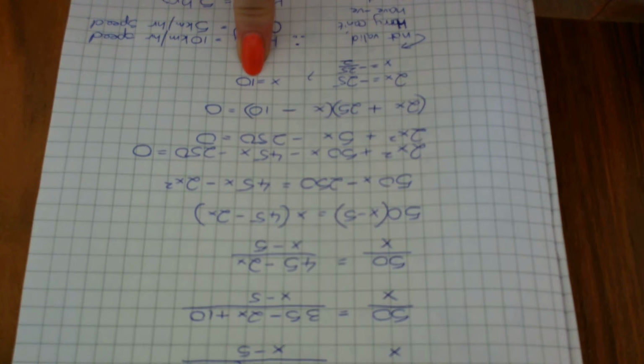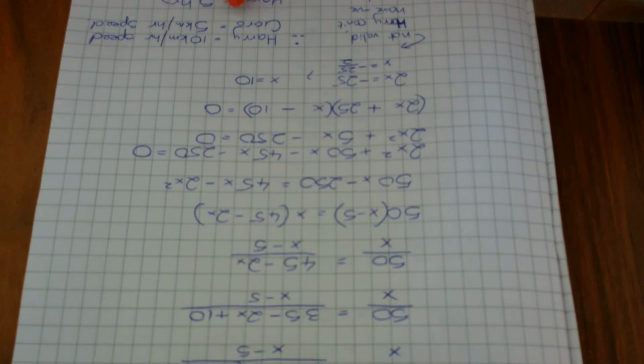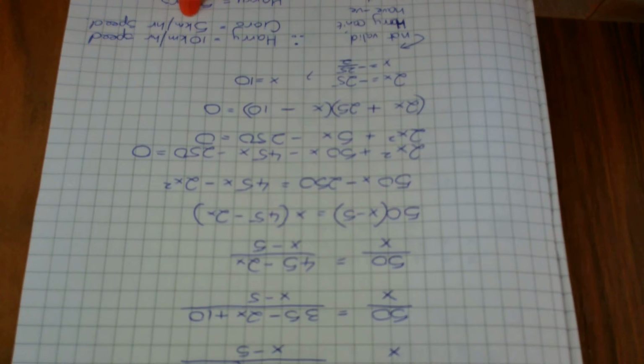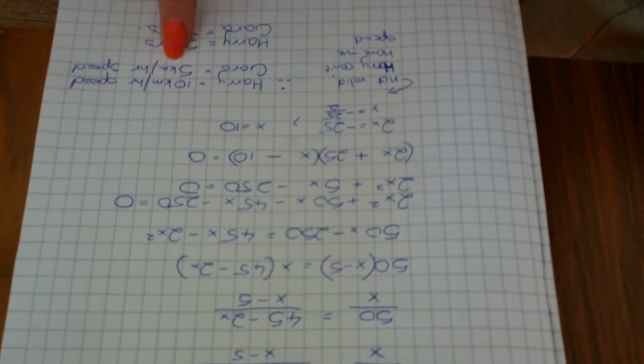The other value of X being equal to 10 tells me that Harry's speed is 10 kilometres per hour. Kira's was Harry's minus 5, so 10 minus 5 gives me the 5 kilometres per hour.